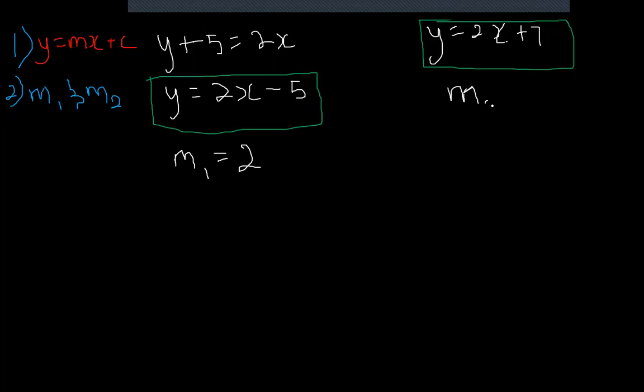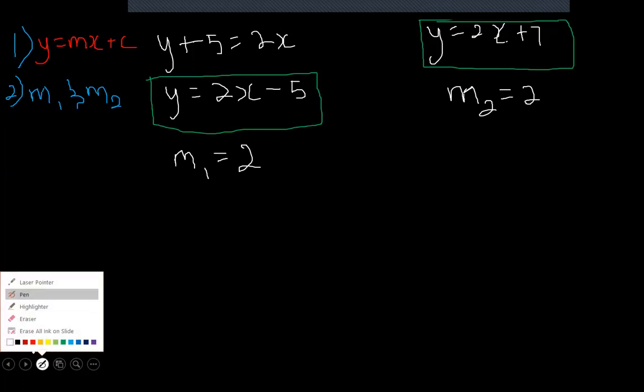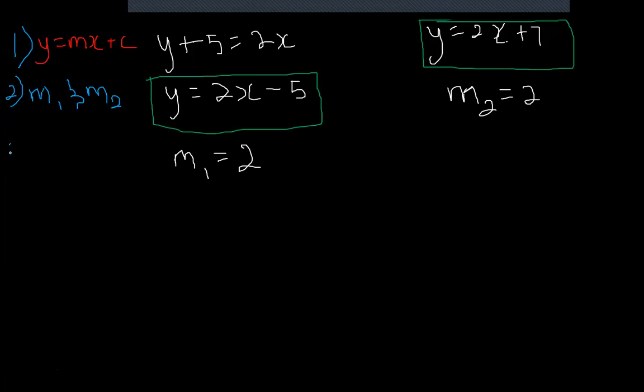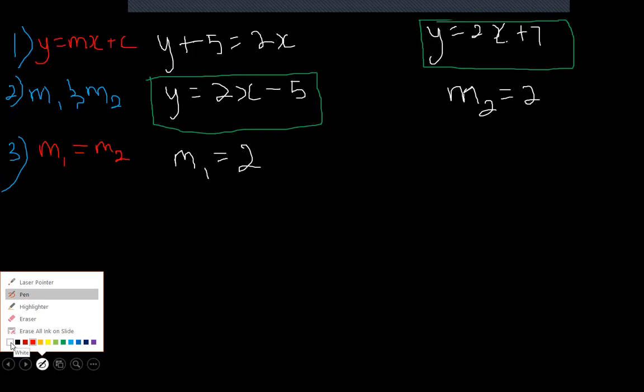And M2 is also 2. And now the third and final step, to show that they are parallel. Parallel lines, the gradients are equal. So M1 equals M2. In this case, M1 is equal to M2. 2 is equal to 2.